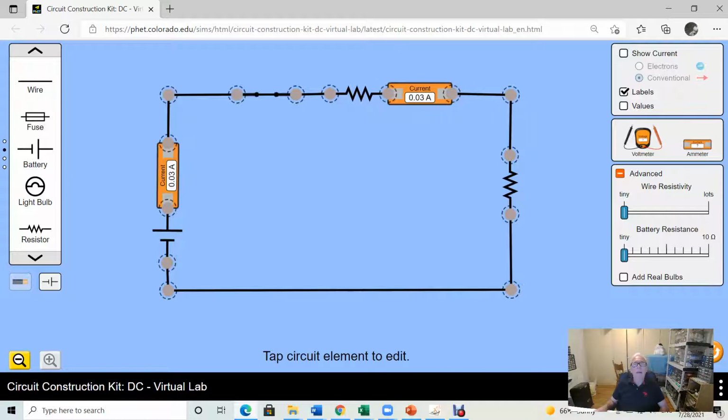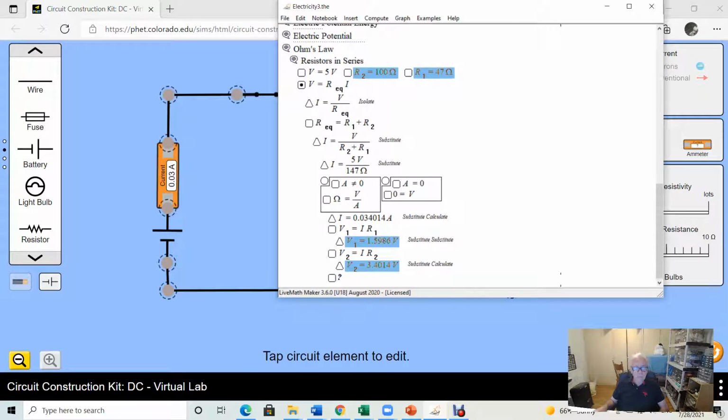See, the current is the same. 0.03. Is that what we calculated? Numerical value, yes, 0.034. I have one more decimal in there, but the value is the same. The ammeter rounded down to 0.03.